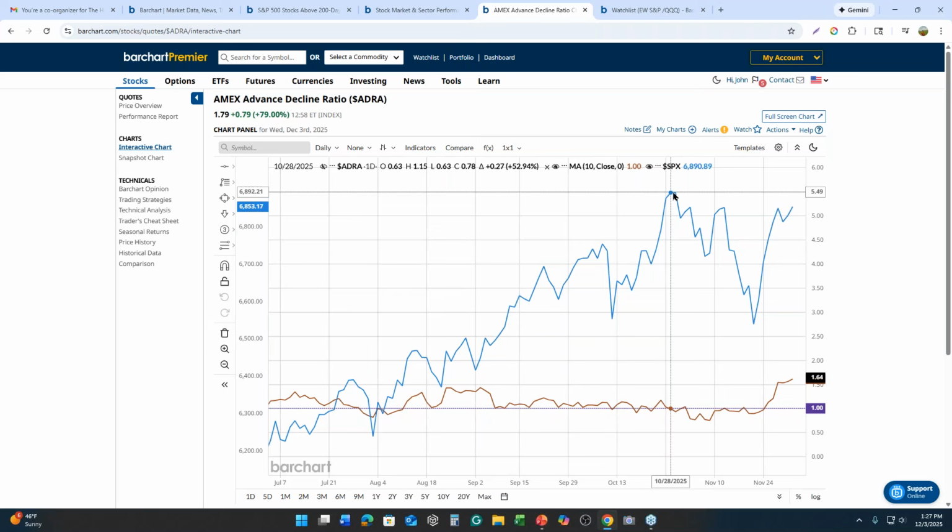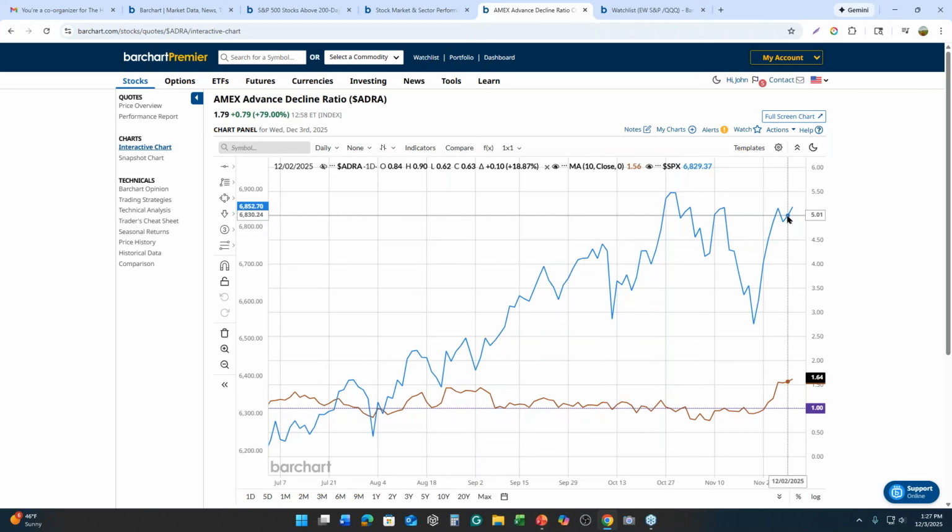Now, what is kind of interesting here is in recent days, or in the intermediate, is that we have seen what is called a breadth thrust. In other words, a lot more advancings than declinings, and we can certainly see that represented by our price action of our index itself.